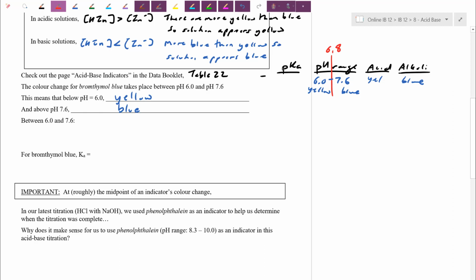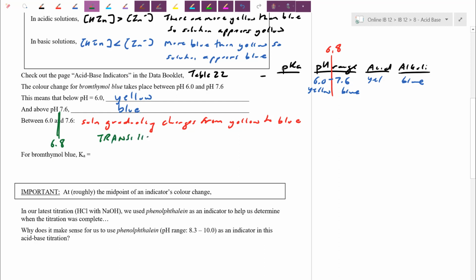So just for simplicity, we're going to do that. Between 6.0 to 7.6, the solution gradually changes from yellow to blue, right? And again, just for simplicity, we take the halfway point, 6.8, assuming that's a linear scale, and we're going to give this a special name. A pH of 6.8 is the transition point.